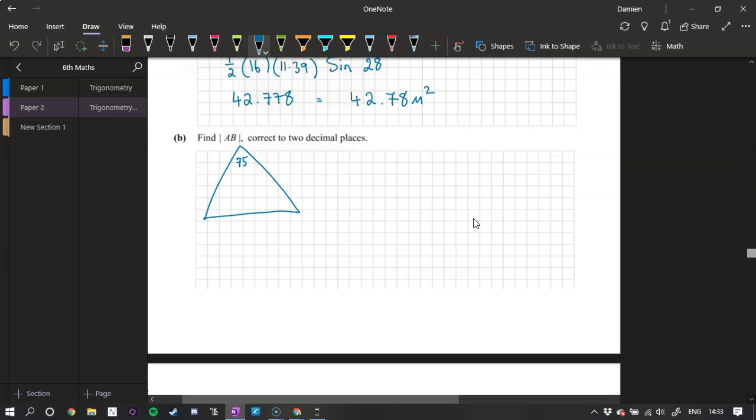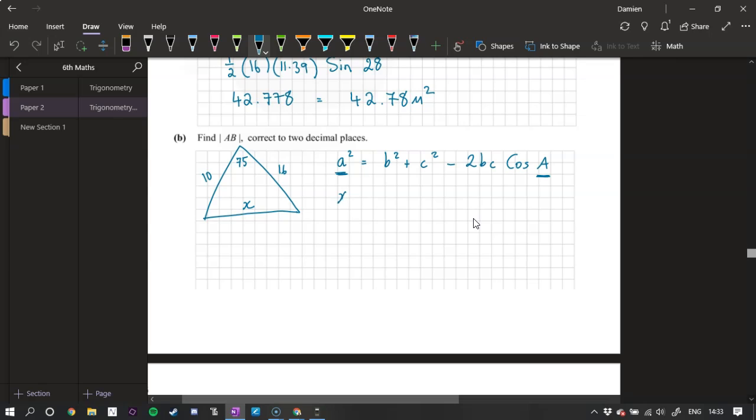Using the cosine rule, a squared is equal to b squared plus c squared minus 2bc cos A. And we'll just make sure that the angle and the side opposite are the same.